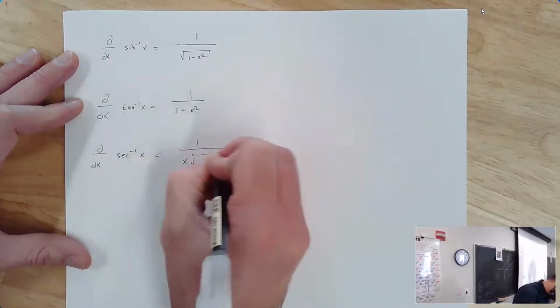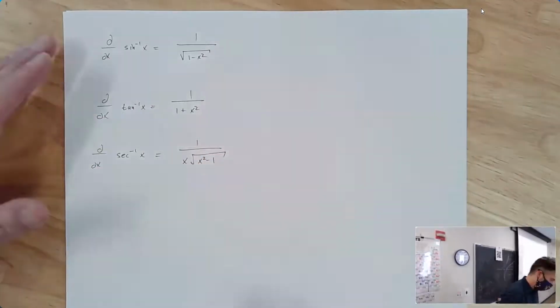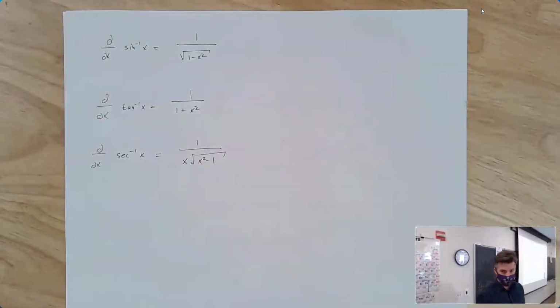I'm going to write it without the absolute value. The derivative of inverse sine is 1 over the square root of 1 minus x squared. The derivative of inverse tangent is 1 over 1 plus x squared. And the derivative of inverse secant is 1 over x times the square root of x squared minus 1.